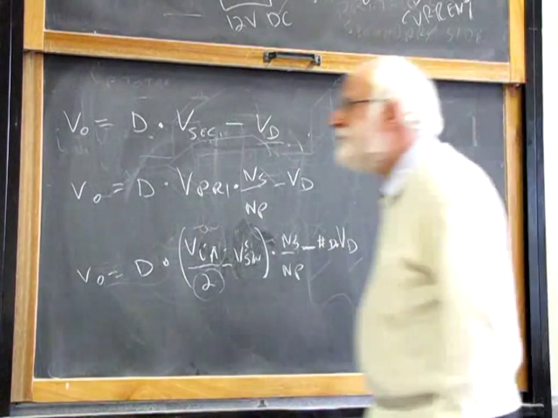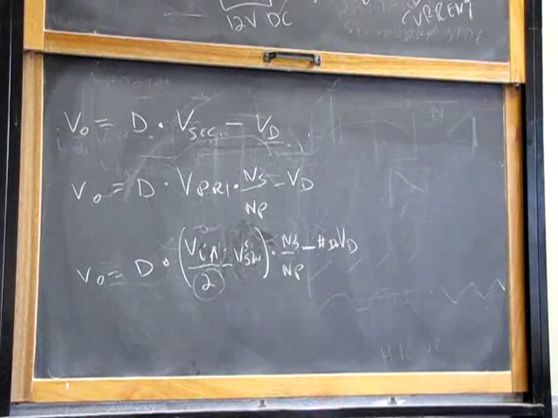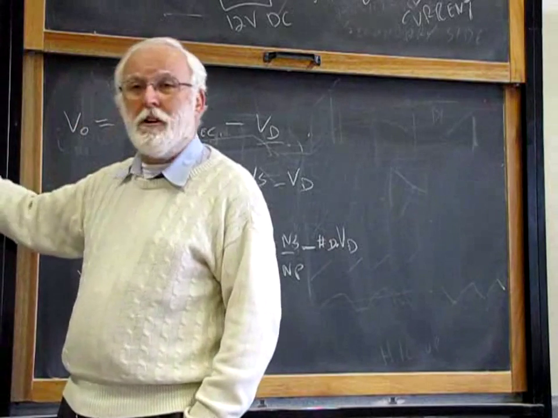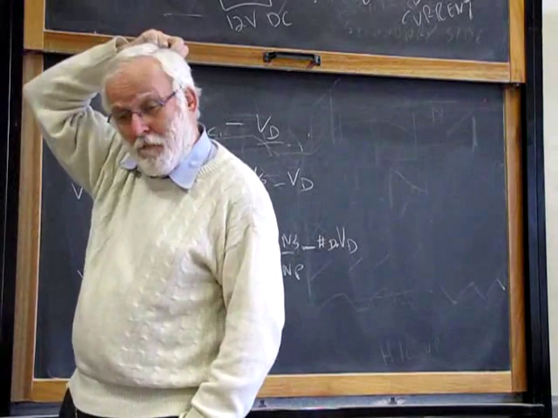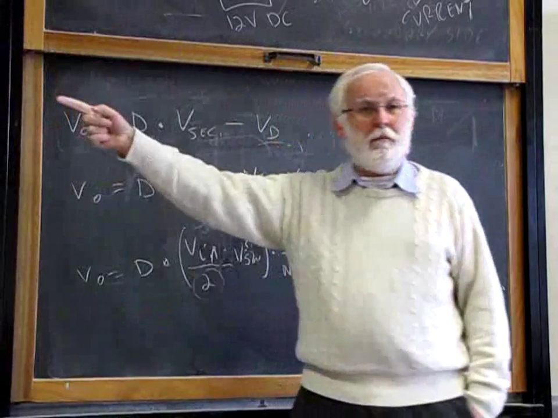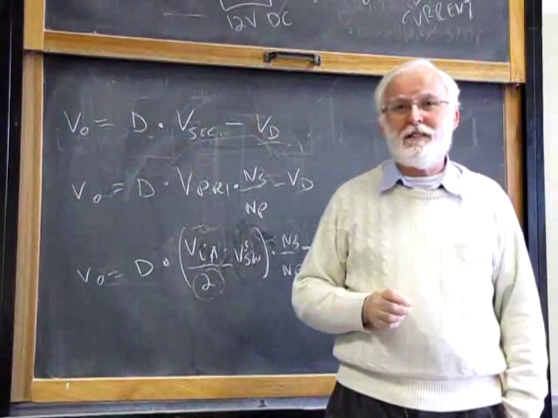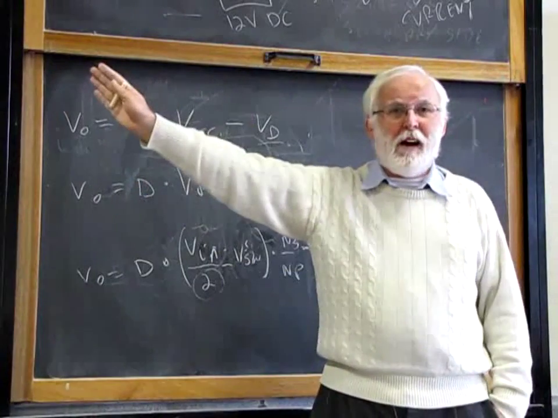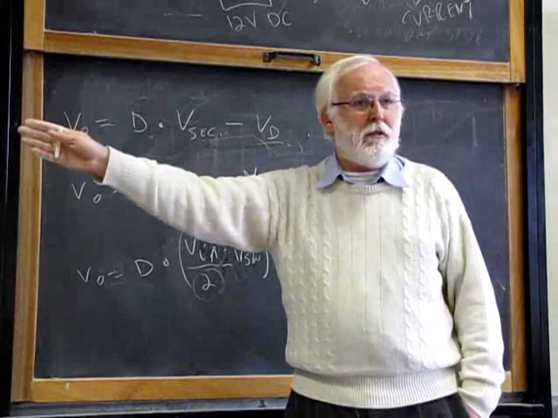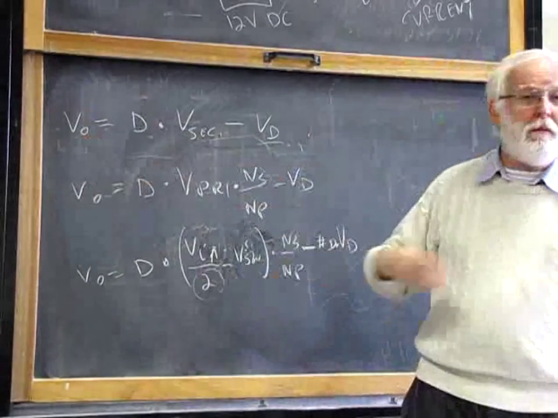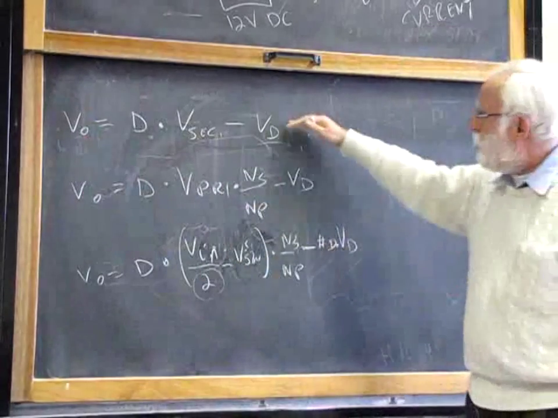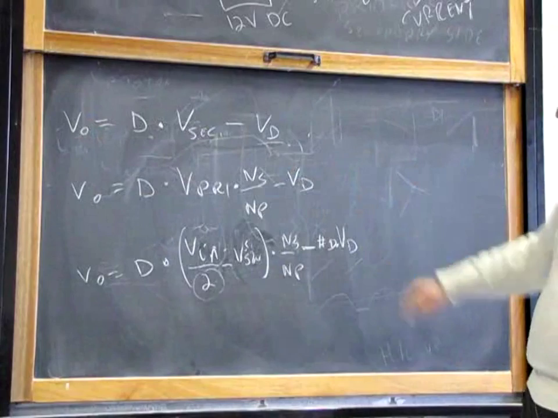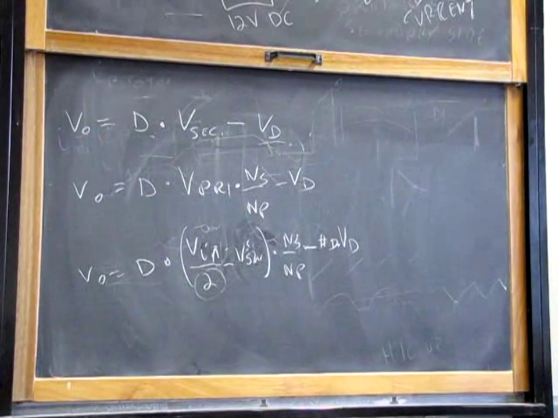I started from the input and I moved to the output, looking at everything I was finding in my path. Here, I started from the output and I moved back to the input. Is there any difference? Absolutely not. You can choose the way you want. You can start from the output and work backwards towards the input, or you can start from the input and go to the output. I wanted to give you both solutions. Probably here you have to write 3 or 4 lines. In the other case, you start writing down initially just this stuff. But it's exactly the same.